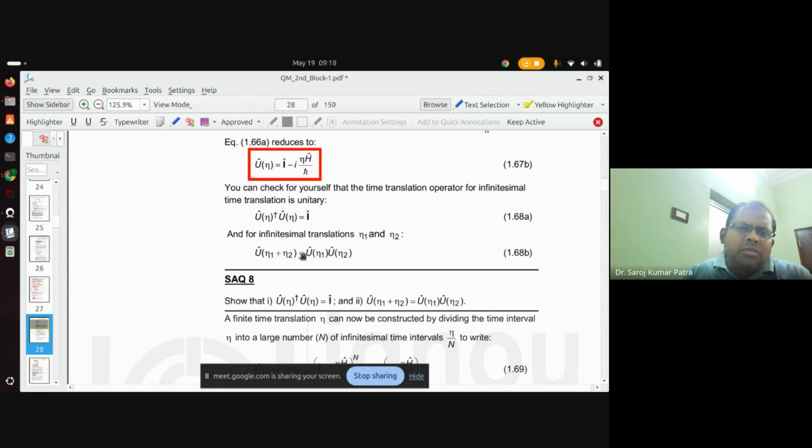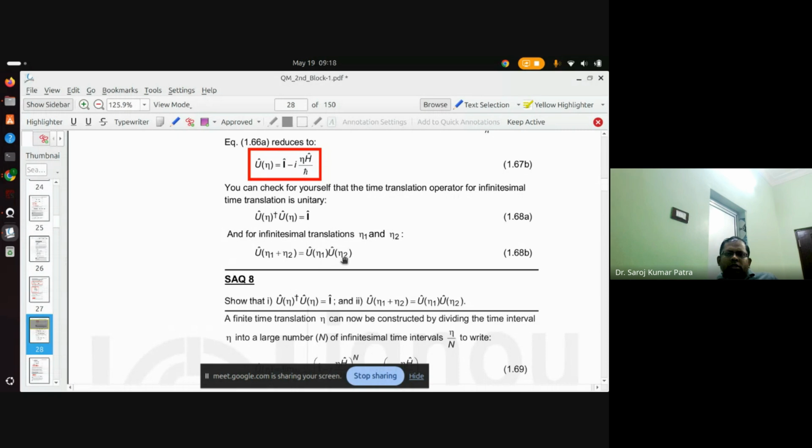This is nothing but saying that if I have a wave function right now at t equal to 0, and I want to go from t equal to 0 to, let's say, t equal to t1, and then from t1 to t2, then I can just operate with it in a cascading way.